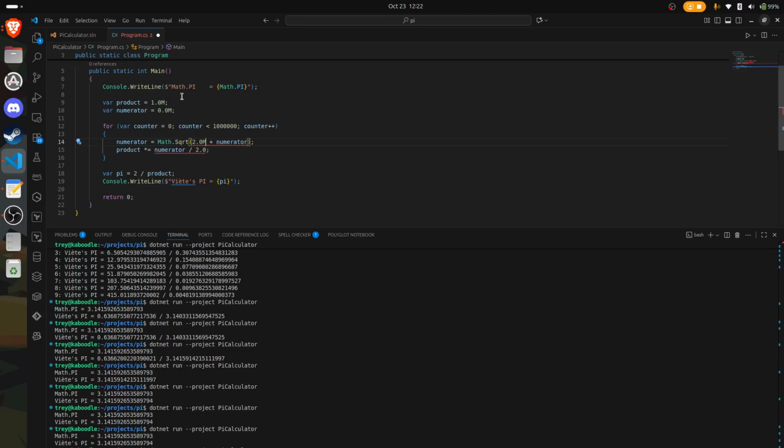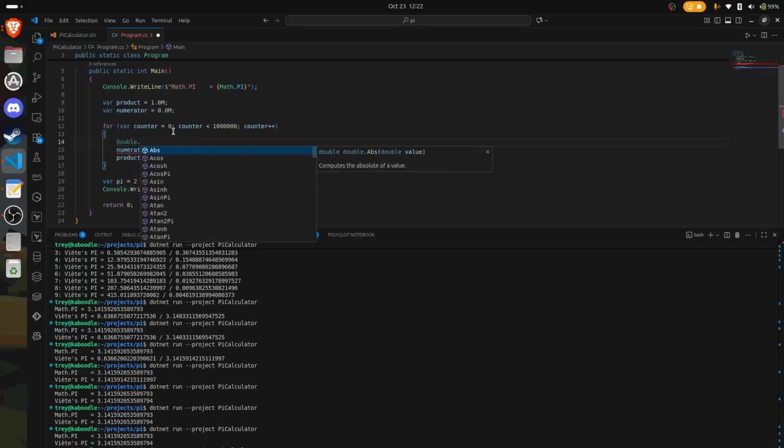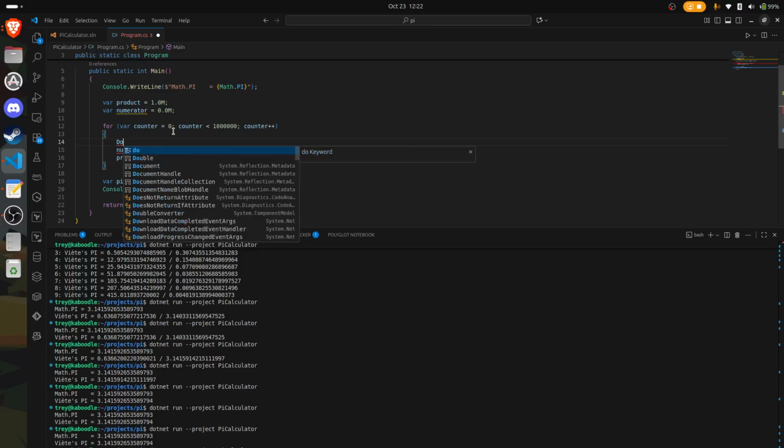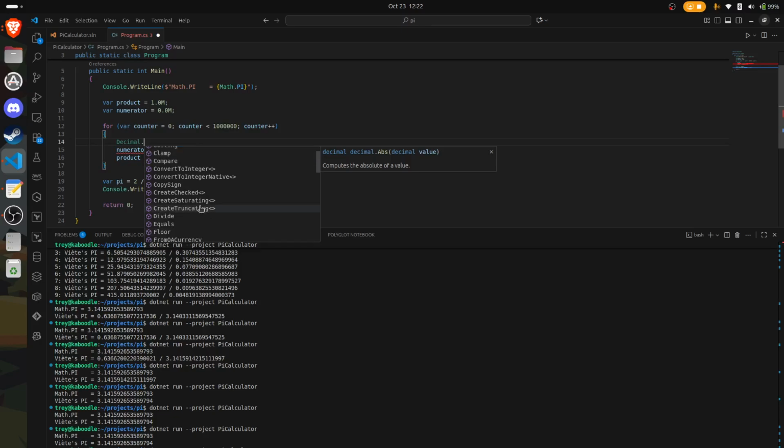Oh, but the problem is square root is still working with doubles. There has to be some way to do a square root with decimals. I'm sure there is, but I'm not seeing it here.